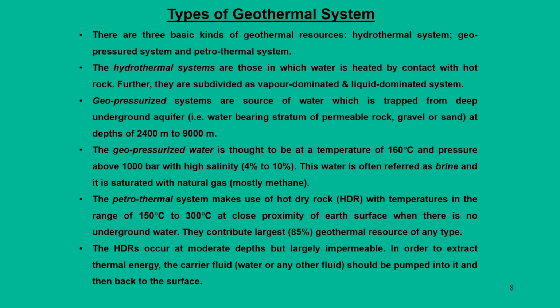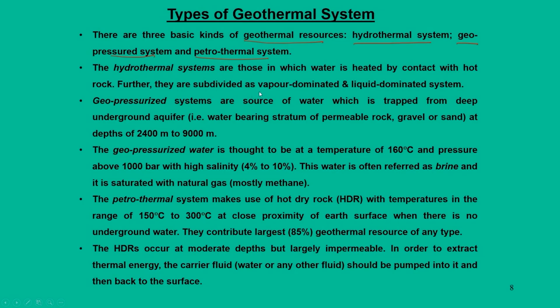So, through this process we classify different types of geothermal resources. One is hydrothermal systems, second geopressurized systems, third is petrothermal systems. In the geothermal systems we mainly target either the liquid regions.